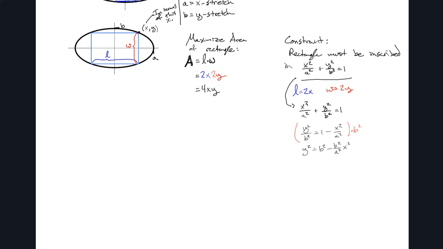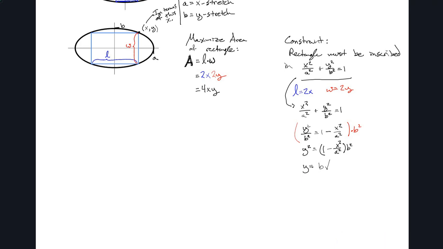And then we need the square root of all of this. Actually, let's do this. Let's keep that b squared factored out, because I'm about to take a square root, so that'll be nice because it just becomes this.